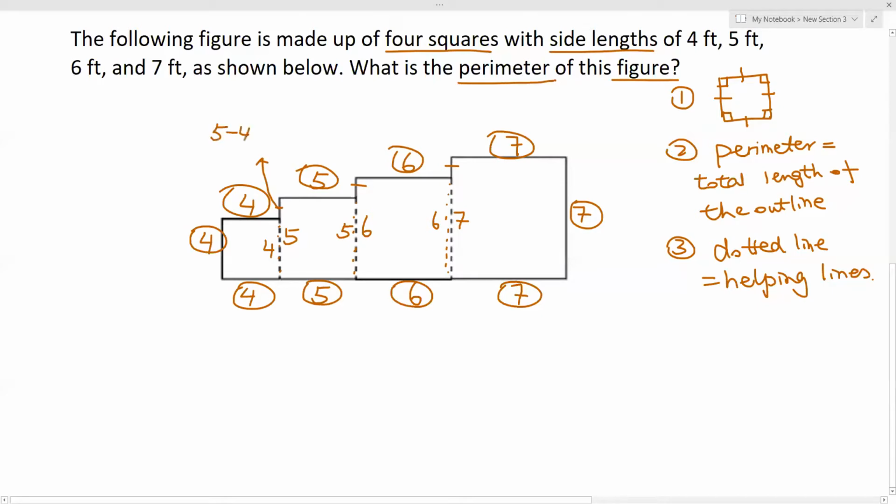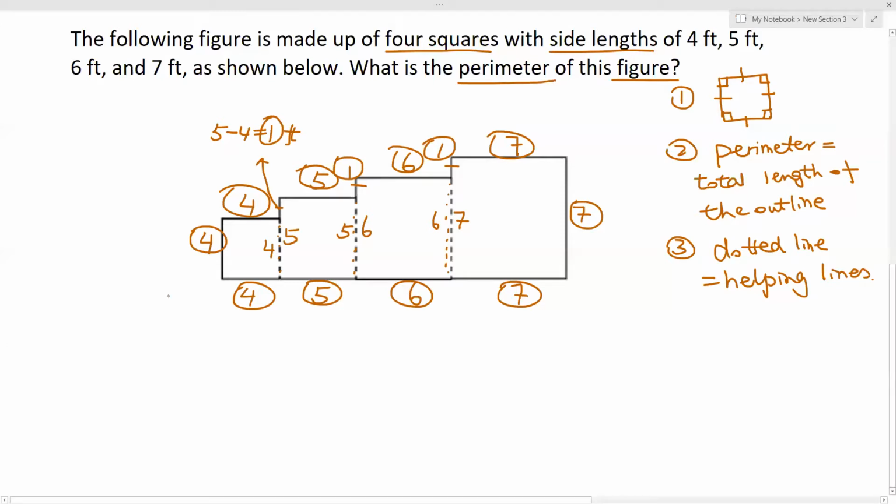So 5 minus 4 is 1 foot. And that's the same with the second section. So there is 1 as well. There is another 1 here. 7 minus 6, 6 minus 5. So each of these little sections has the length of 1 foot. Go ahead and circle them. And we're going to add all of these numbers up, all the numbers inside the circle. So we're going to add them up and they will be our perimeter.